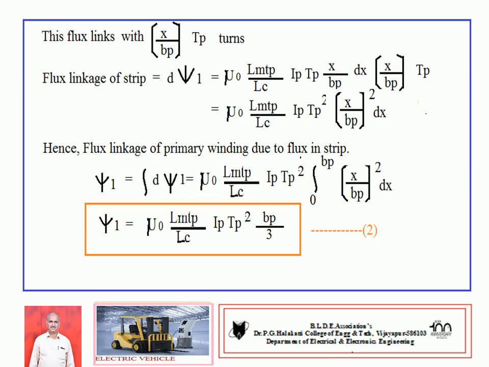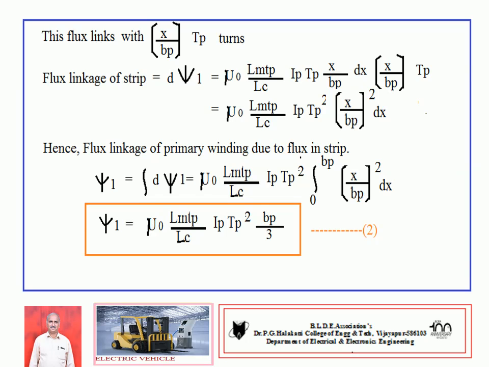This flux lies at x distance, so it can vary from 0 to BP, the total width of the primary winding. That is the integration limit, 0 to BP. Hence it is possible to calculate the total flux linkage of the primary winding.